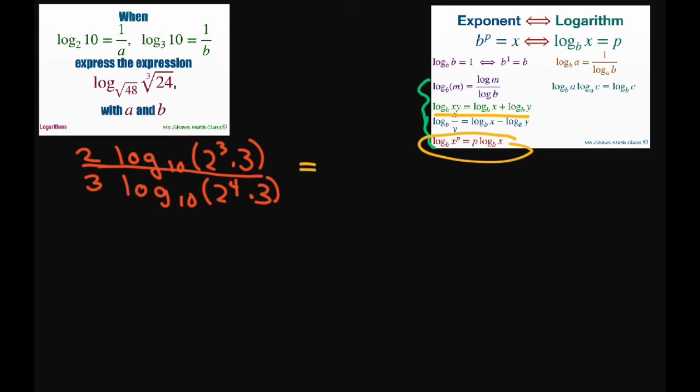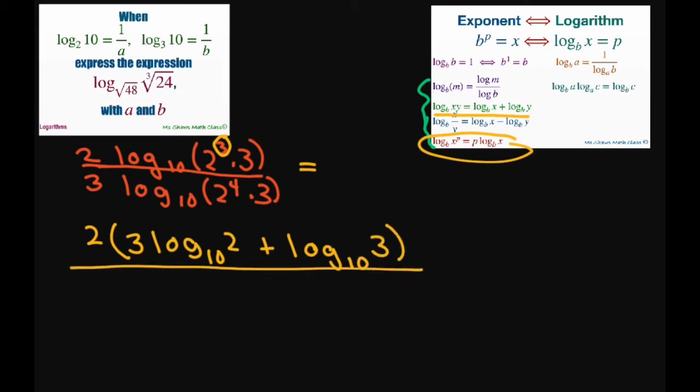So this is going to equal 2. For this one, I'm going to move this 3. This is going to be log base 10 of 2 cubed, but instead of putting the cube there, put the 3 here. And then plus log base 10 of 3.